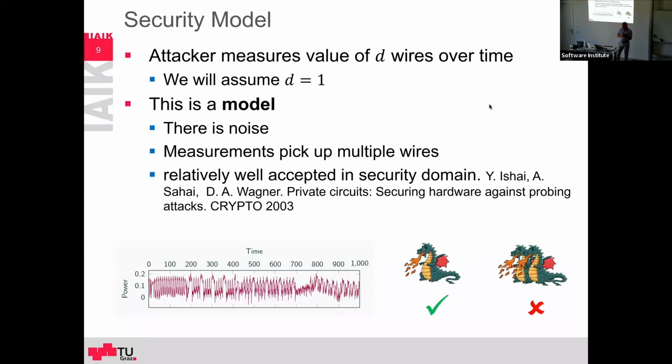On the other hand, if you do measurements on the device, you're going to measure a mix of multiple wires, and this may make your attack stronger or weaker. So this is not really my domain. This security model is relatively well accepted in the security field.